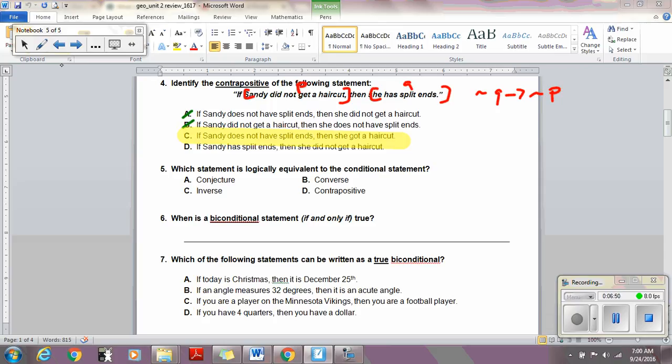Number 5, which statement is logically equivalent to the conditional statement? When we gave the notes originally, we mentioned that the contrapositive and the conditional statement are logically equivalent. What logically equivalent means is that they would both have the same truth value.